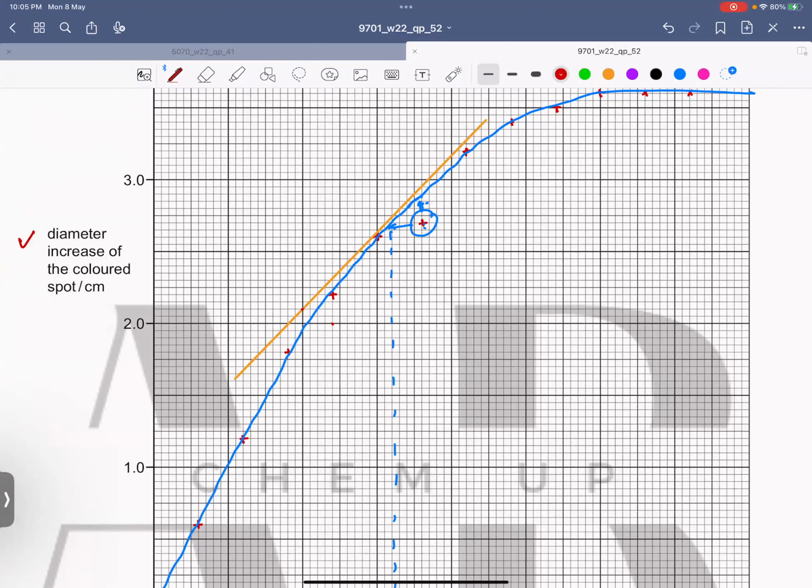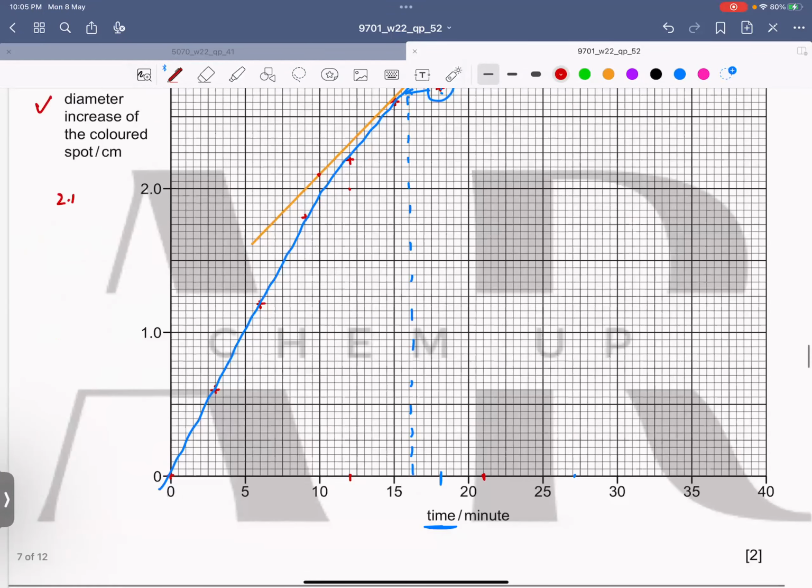So let me take this one. It's at 2.1. And on the y-axis it's 10 and 2.1, right?